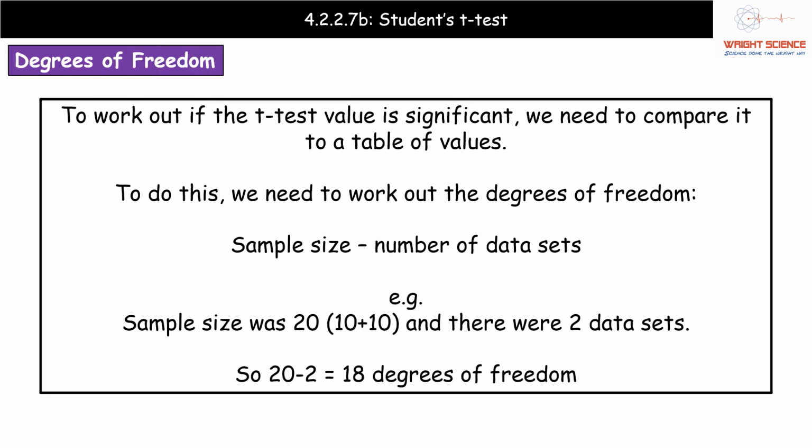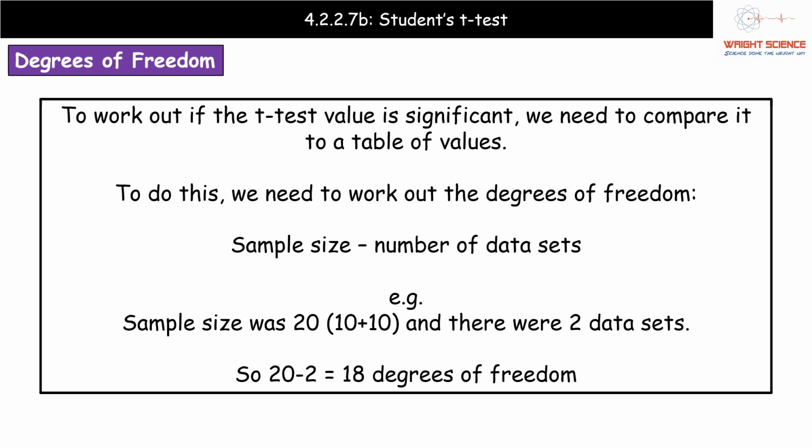The next thing we need to do is actually work out if this value we've now calculated is significant or not. So what we're going to do is compare that value we've calculated to a table of values. And in order to do this, we need something called the degrees of freedom.